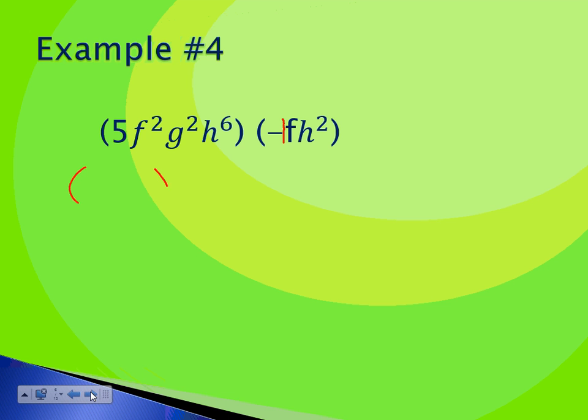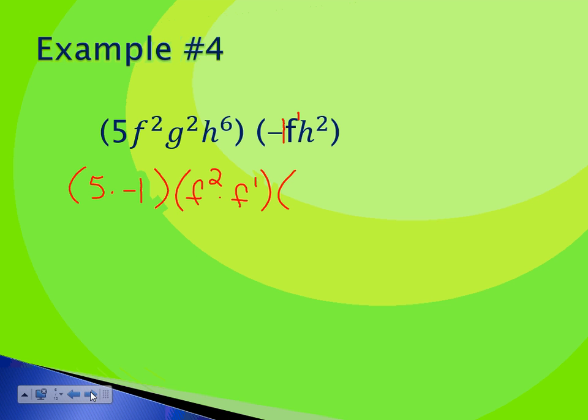What will I group together? 5 and, more specific, negative 1 and f. Be very specific, guys. F to the second times f to the first, right? This has a 1 with it.